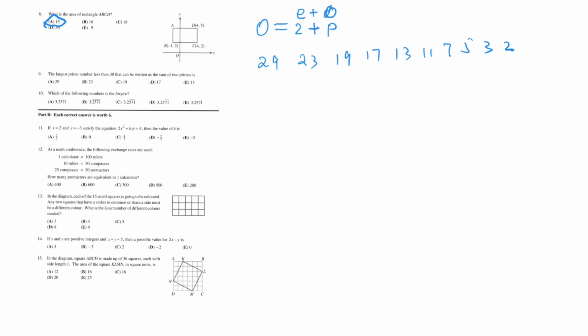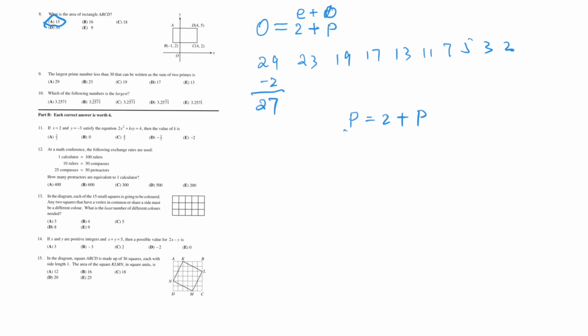So 29, if we minus 2, that's 27. So 27 is not prime. We take a larger prime number equals 2 plus another prime number. That's what we are looking for.